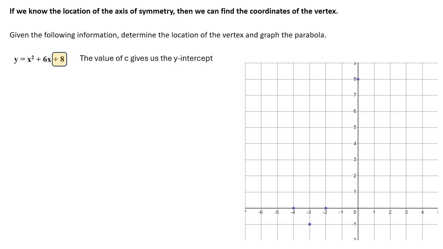The 8, in this case, the value of c in our ax squared plus bx plus c format, this 8 will indicate what the y-intercept is. So we know that the parabola is going to cross the y-axis at the point 8. So we'll just put the little dot there. We'll mark a coordinate point there.